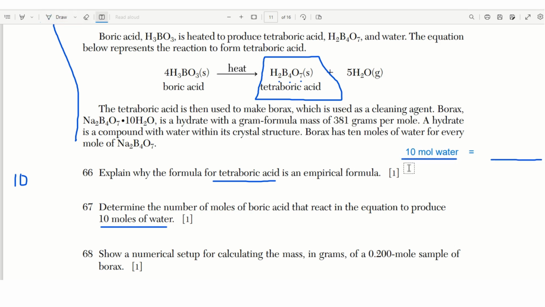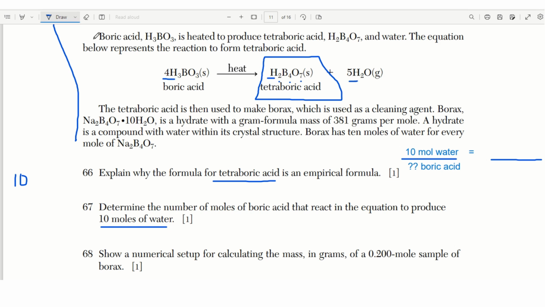And on this side, what am I comparing it to? Boric acid. So how many moles of boric acid? Well, on this side, I get the moles from the balanced equation. And what am I going to look for? Coefficients.